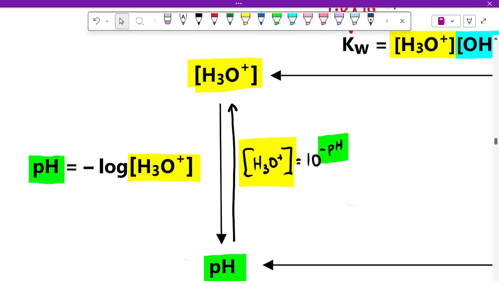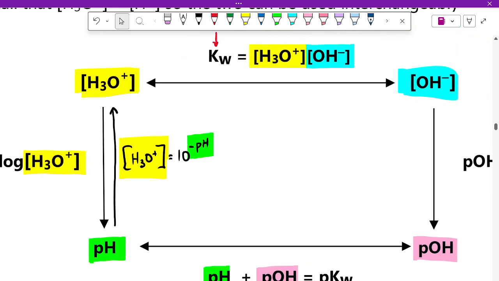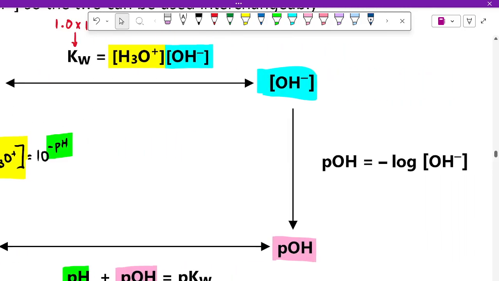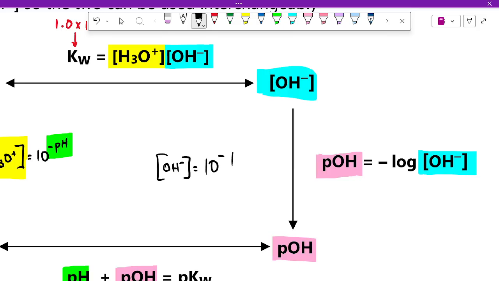And on our other side, pOH is equal to the negative log of OH. So that takes us from the top to the bottom, OH to pOH. What if we had pOH and we wanted to find hydroxide? What would that equal? 10 to the negative pOH. And that would take us back up.